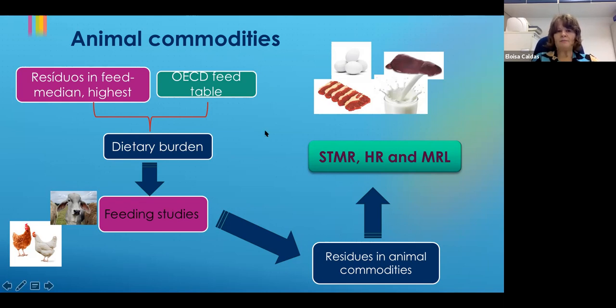You need the residues in the feed, the median or the highest residue in the feed. What is feed? Alfalfa, for example, is feed, any grass, any rest of the plant of the grains, for example wheat.